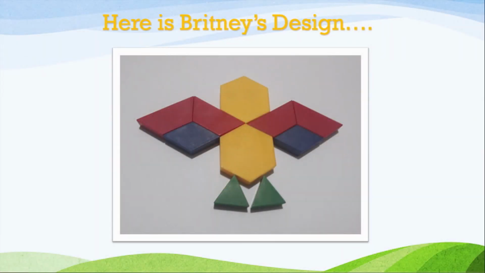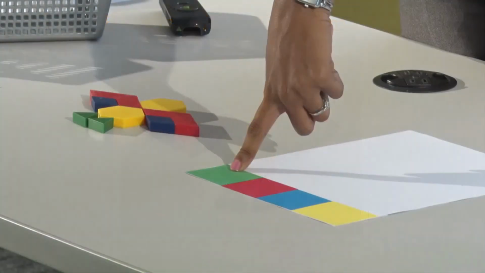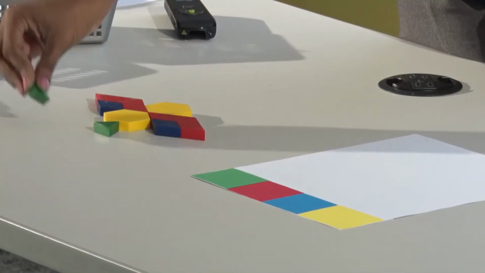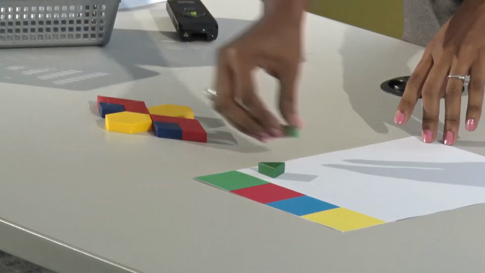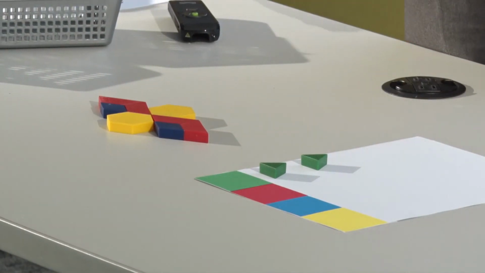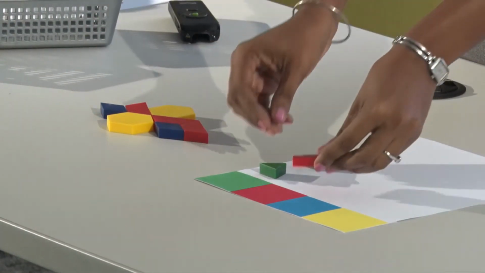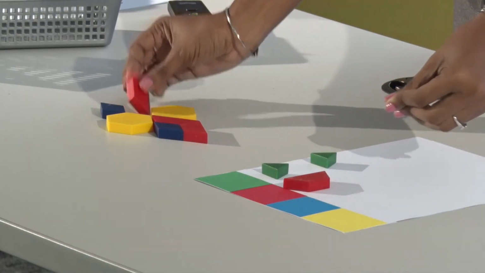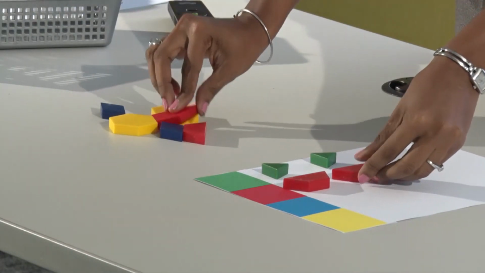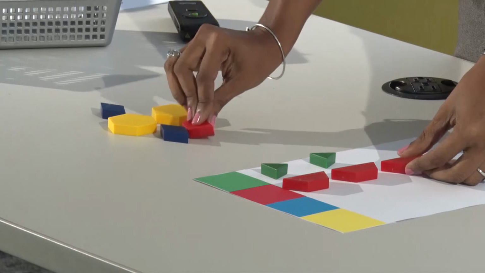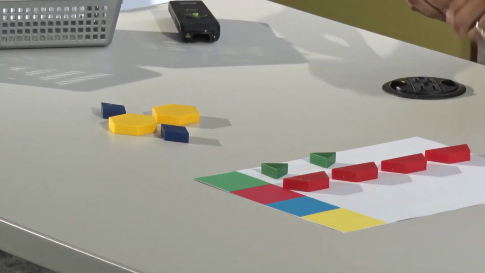So we begin. The first color on our object chart is green, so we'll take our green blocks. Then we have red. Then we have blue.